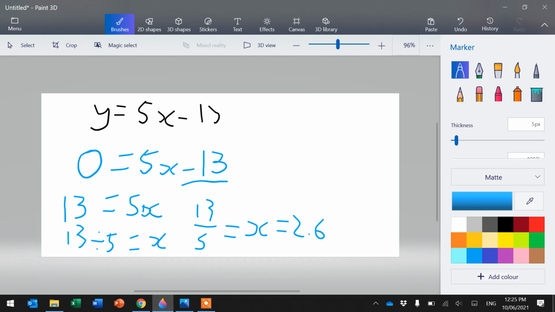Now if we're going to do it the other way around, we'll use a different color. If we're going to make x equals 0, it's very easy. y equals 5 times 0, which will be 0, minus 13.